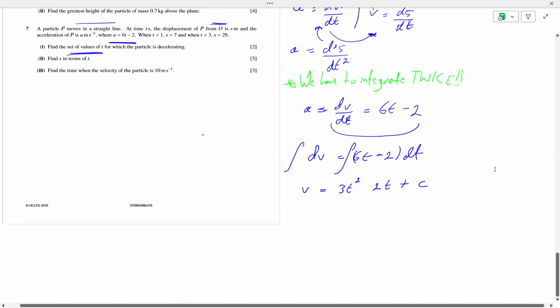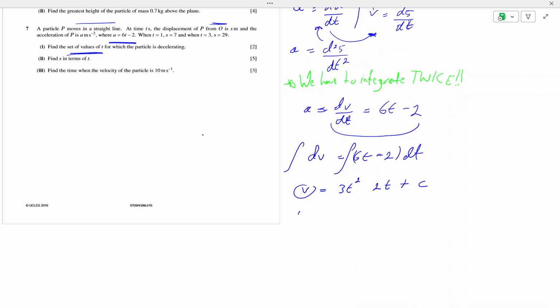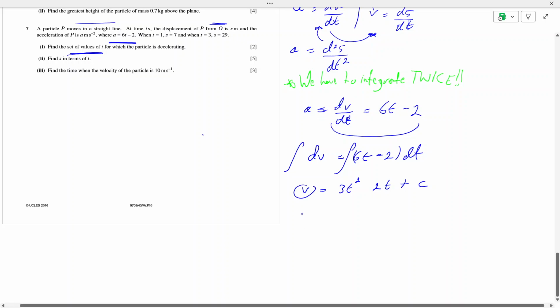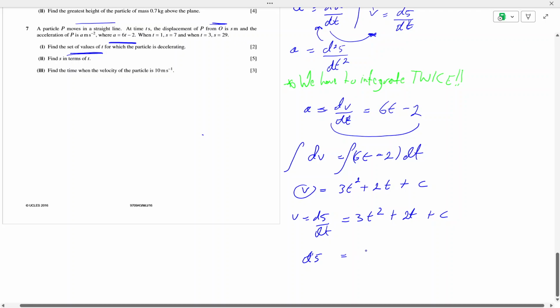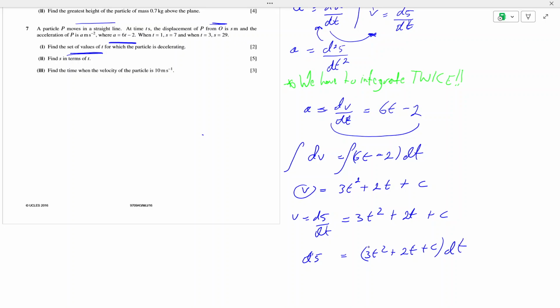Then I have to do it again. Remember, v is equal to ds/dt. So that's now equal to 3t squared minus 2t plus c. Then I do again another separation of variables. ds is equal to 3t squared minus 2t plus c dt.